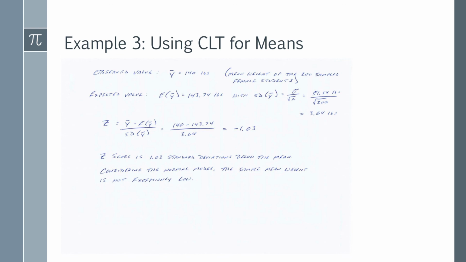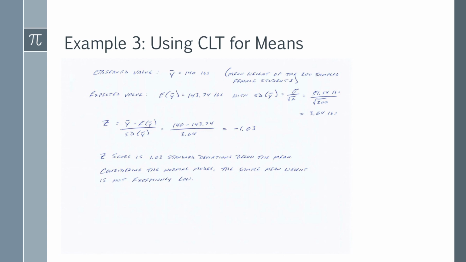The mean weight from my sample was 140 pounds. My expected y bar is 143.74 pounds, and the standard deviation of my y bar is sigma divided by the square root of n, which is 51.54 divided by the square root of 200. That gives me a standard deviation of y bar of 3.64 pounds.